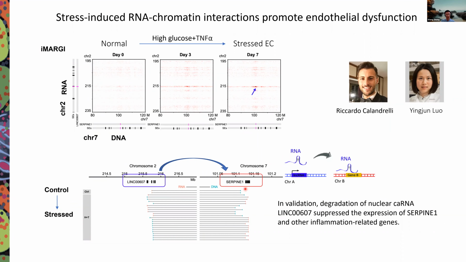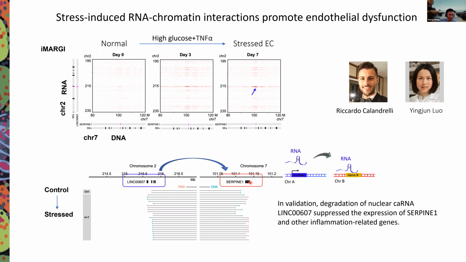These are the IMRG read pairs, suggesting an interchromosomal interaction from a lncRNA, which is embedded in a super enhancer and seems to travel across chromosomes to interact with the SERPINE1 gene.